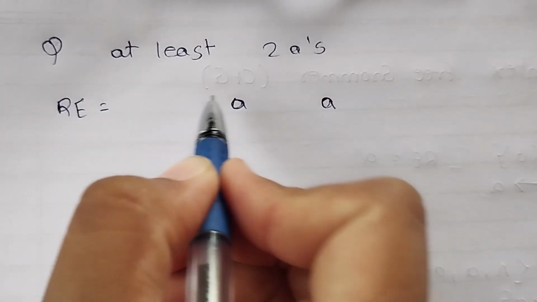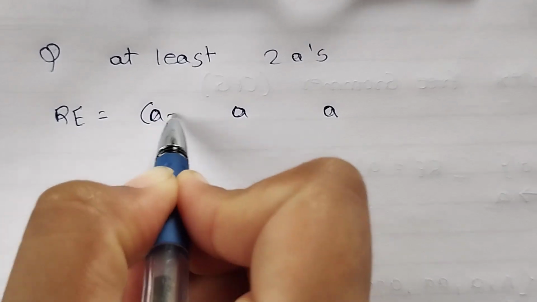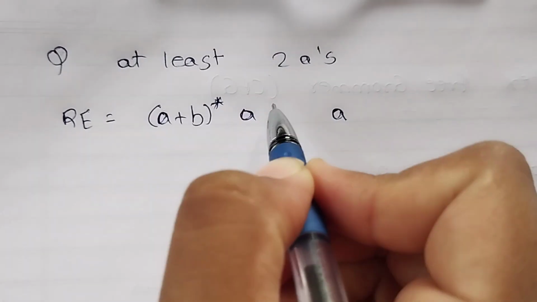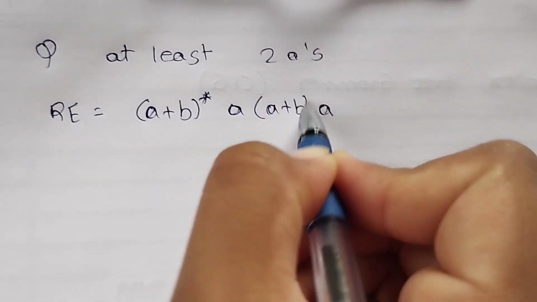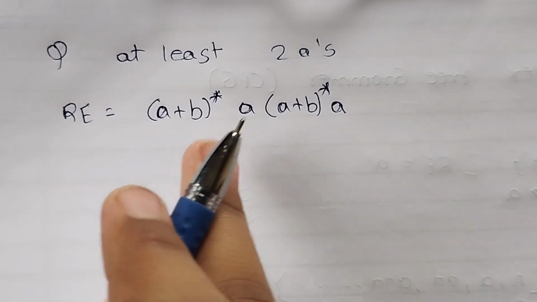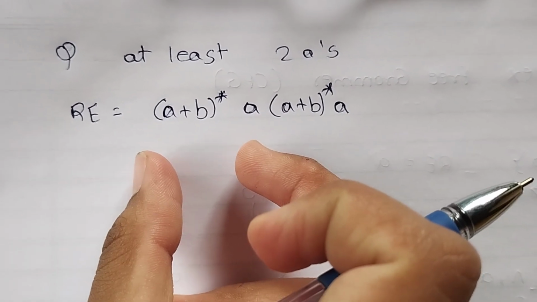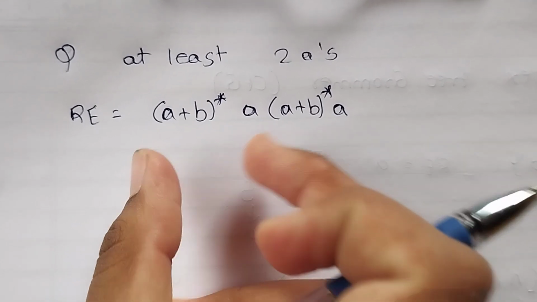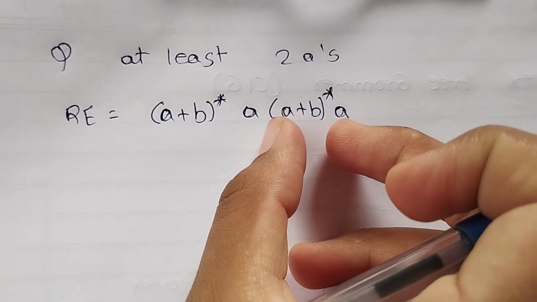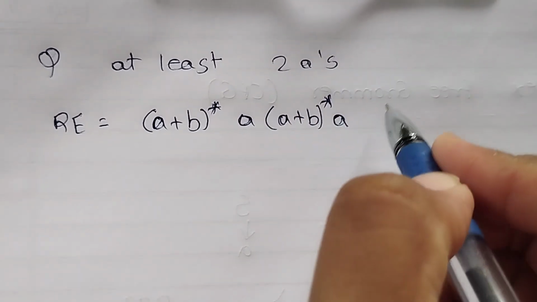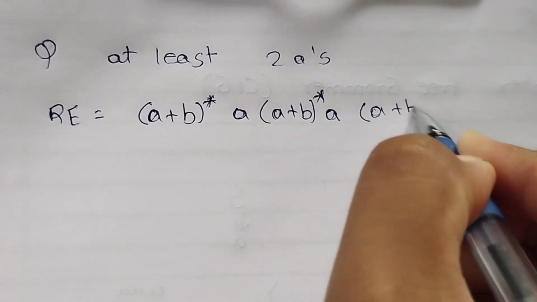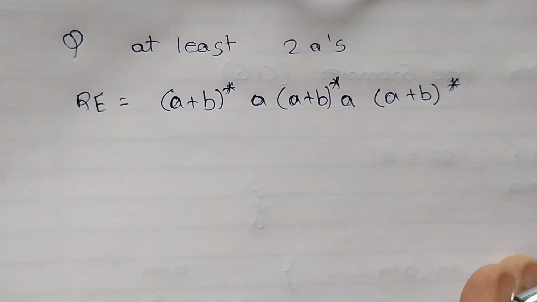Now before that 2A, A plus B is acceptable. In the middle, A plus B is acceptable. N number of A and N number of B start from this language. So N number of A and B is before these 2A, and N number of A plus B can end with this string.